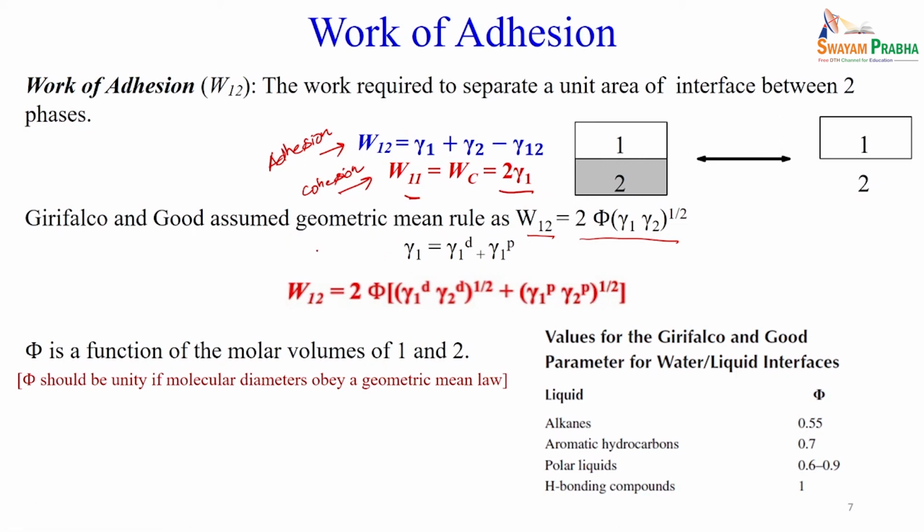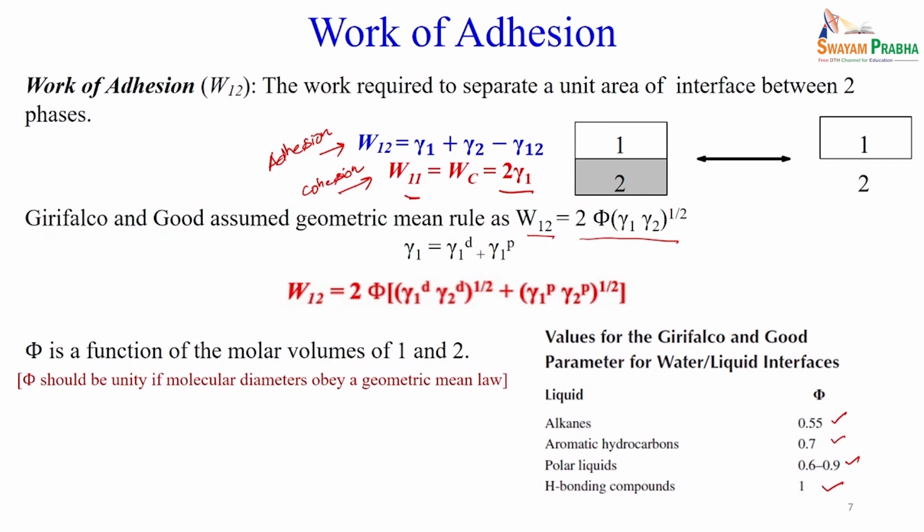Now, this psi is a function of the molar volumes of 1 and 2, and I have listed typical values of psi here. For alkanes its value is about 0.55, for aromatic hydrocarbons it is about 0.7, for polar liquids it varies between 0.6 and 0.9, and for hydrogen bonding compounds its value is 1.